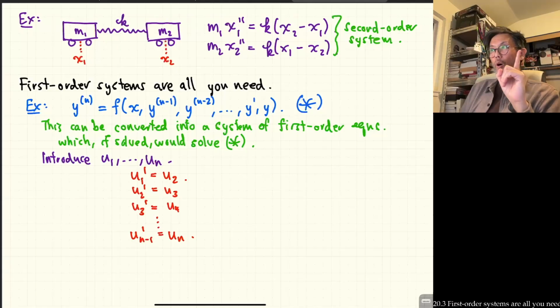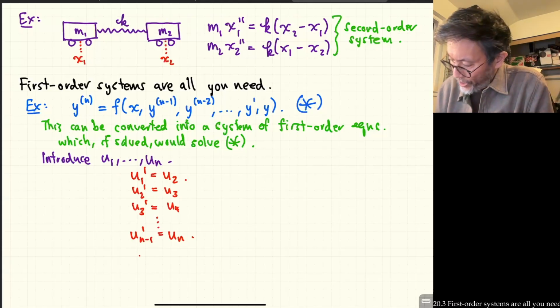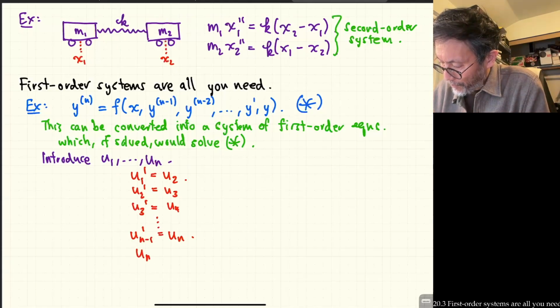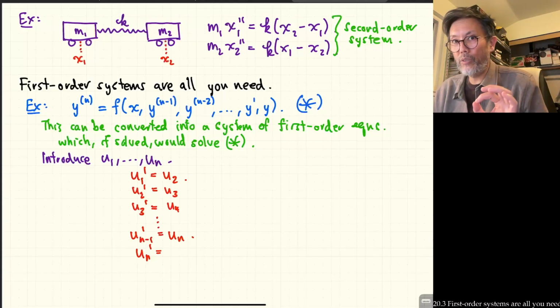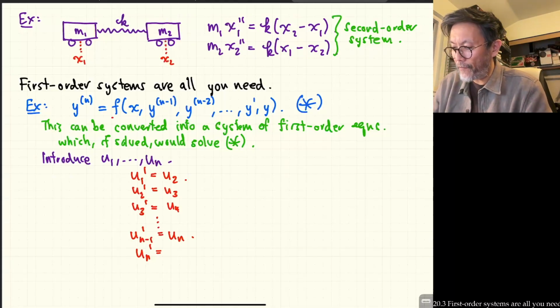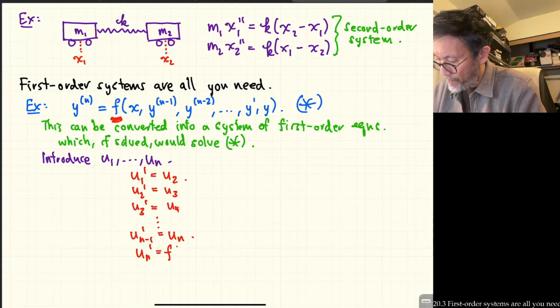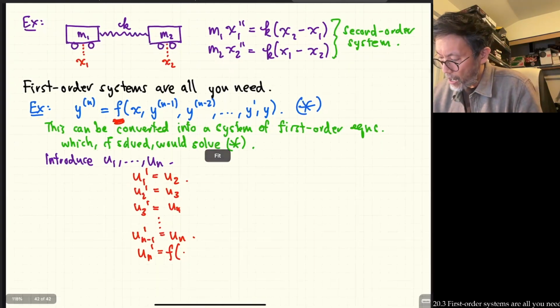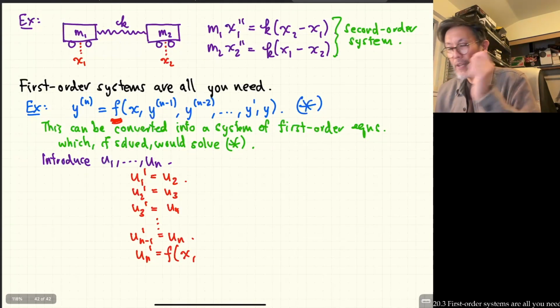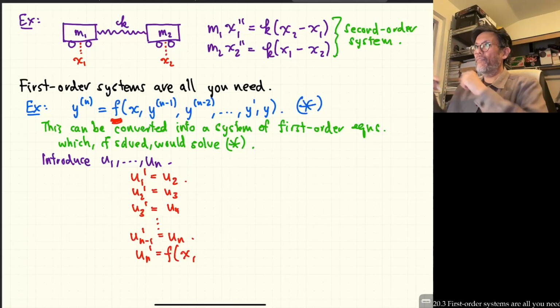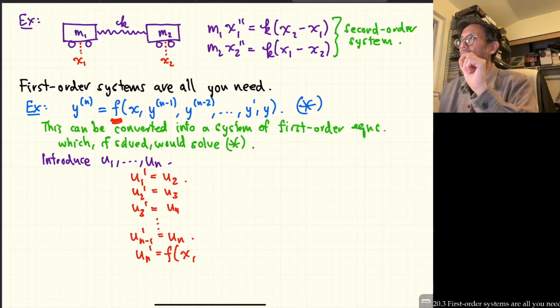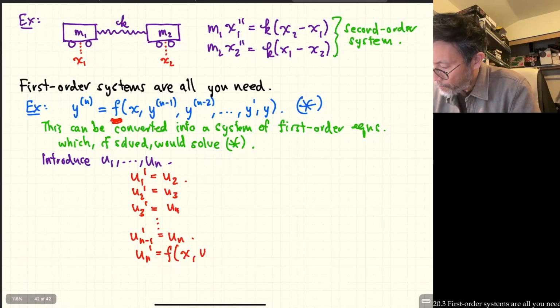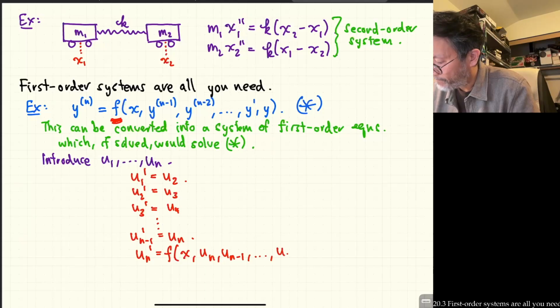I'm going to add one more. This last equation is u sub n prime equal to this same function f, but now, instead of putting in x and all the derivatives of y, I'm going to put in x and all of these variables that I've got here: un minus 1, all the way down to u1.